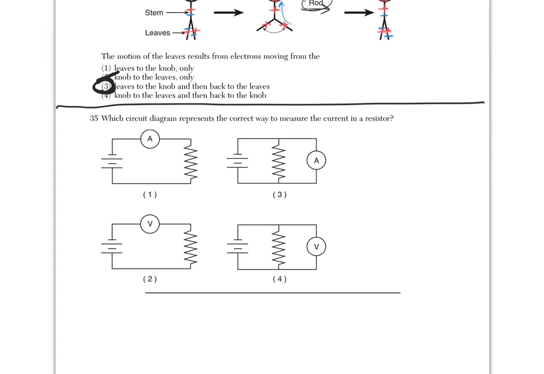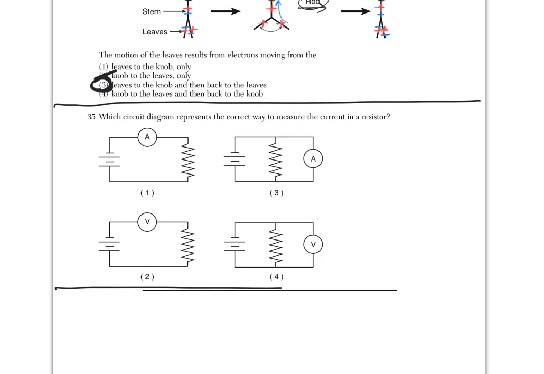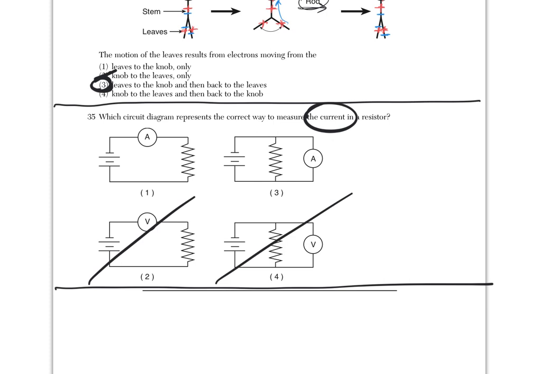And then finally 35, the last of the A's. It says we want to measure current in a resistor. The best way to do that is with an ammeter. We don't want a voltmeter. You could do it with a voltmeter if you also had something called an ohmmeter, but if you want current, use an ammeter. And ammeters are always in series with whatever they are measuring.